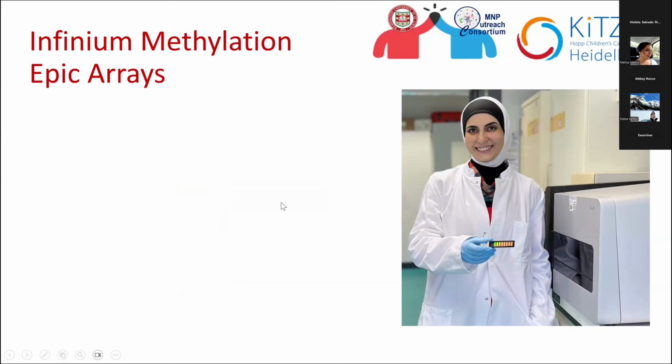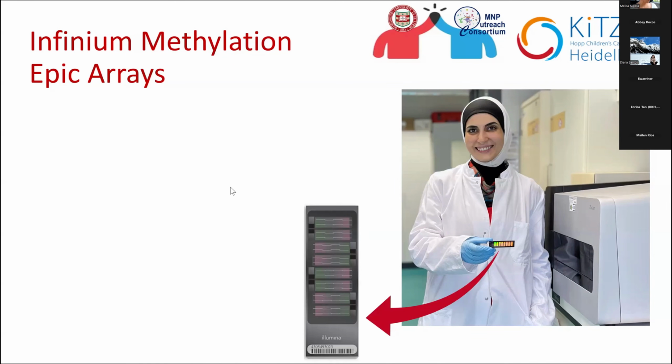So this takes me to the Infinium Methylation EPIC array, which is the most popular tool nowadays for methylation analysis. If you look at this bead chip, which some of you are familiar with, it's composed of 8 wells. So it accommodates 8 samples. And this is the major factor that determines the turnaround time in your lab.